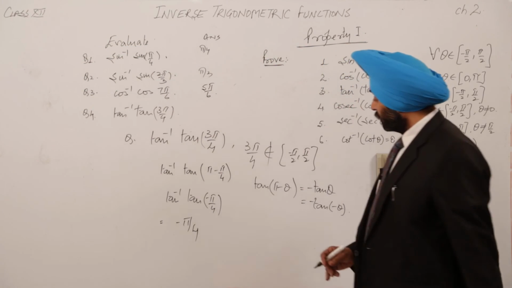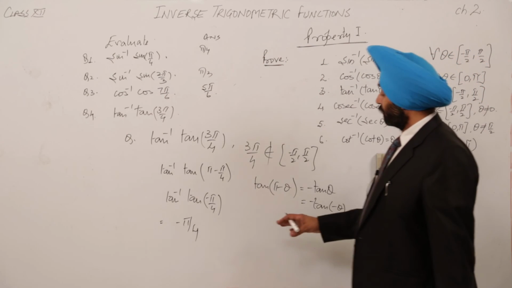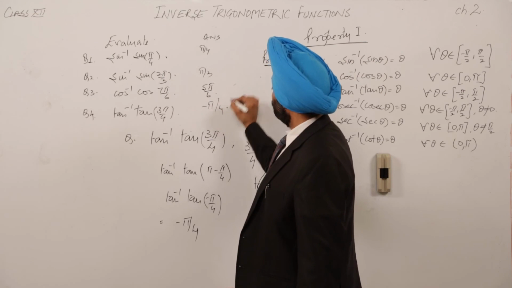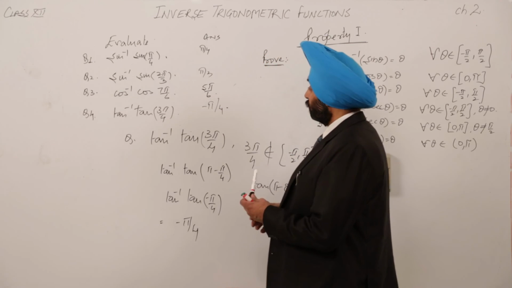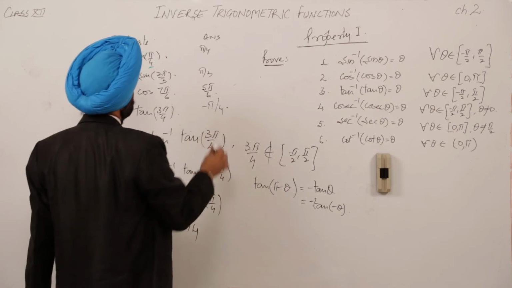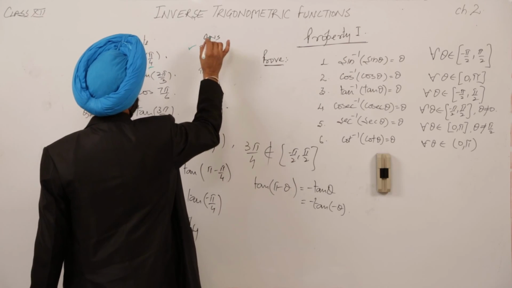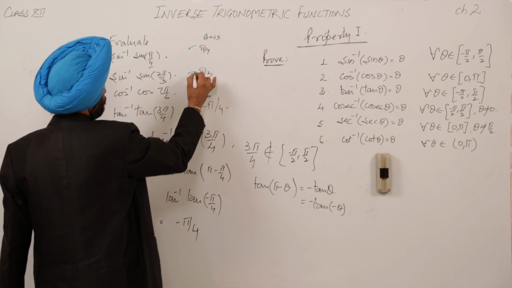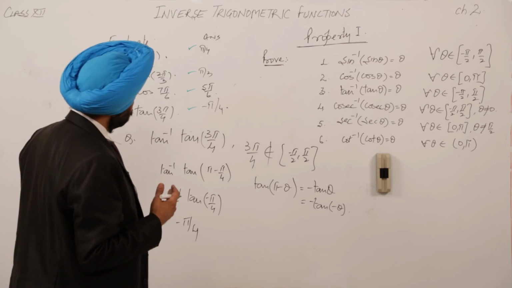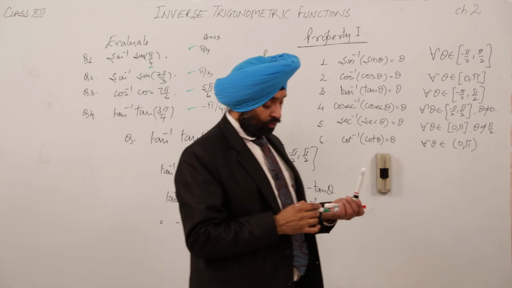So tan inverse tan of minus pi by 4 is minus pi by 4. For the first part, pi by 4 was already within our principal values, so that was the result. The others we have converted, and all 4 were quite easy.